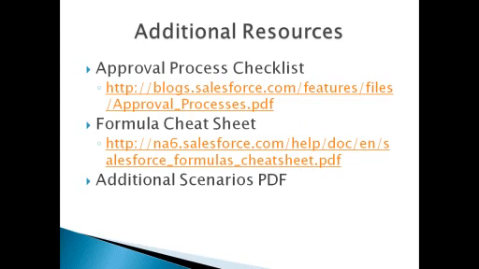We also have a white paper pulled together with additional scenarios where you can use workflows and approvals within Common Ground and Luminate. So we'll be sending that out after the webinar as well.